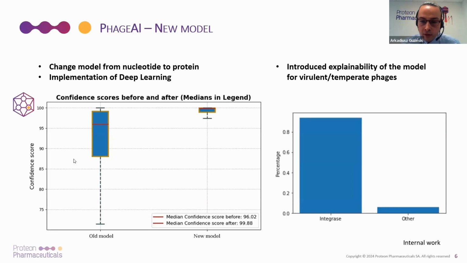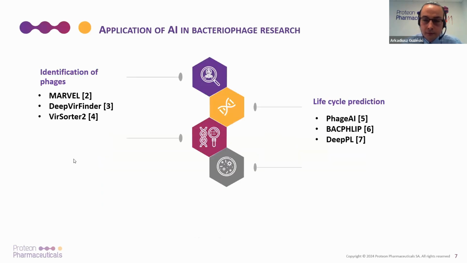Also, what is very important, we introduced explainability to our model, which now mostly focuses on the integrases or other proteins involved in starting the lysogenic life cycle. This is really important and desirable for us because now we know that our model reflects the process that we also perform manually. So it is great information for us.